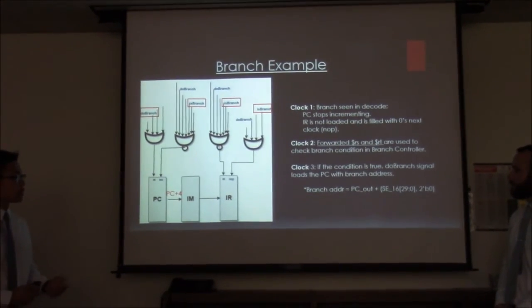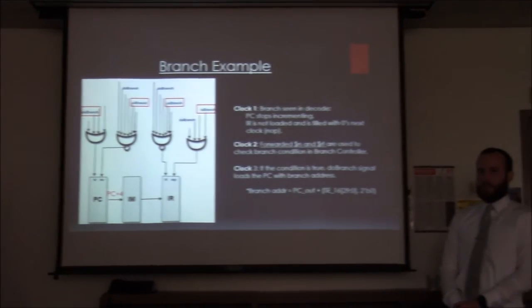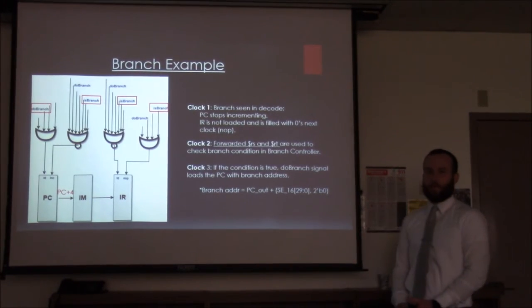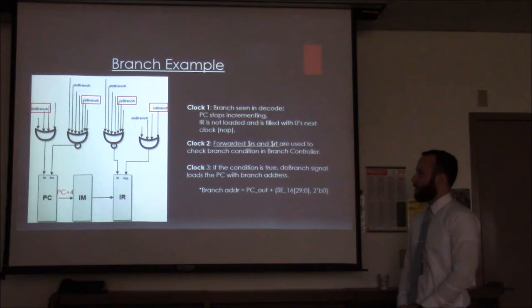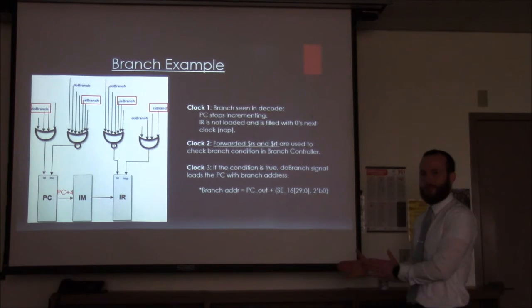The pipelining is a little different. The reason it's a little bit different, and it doesn't really say there, is because the sign extension is pipelined. It's not coming directly out of the IR like our normal sign extension is. There's a pipeline register in between, and since the branch is executed one clock later, we needed to pipeline the sign extension.